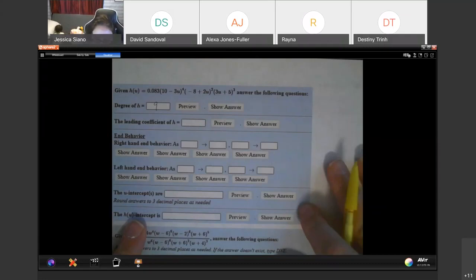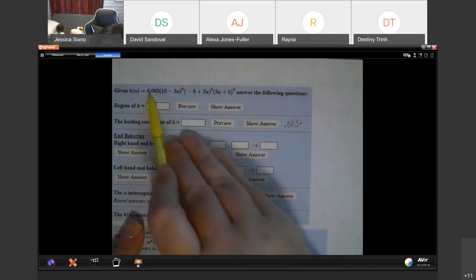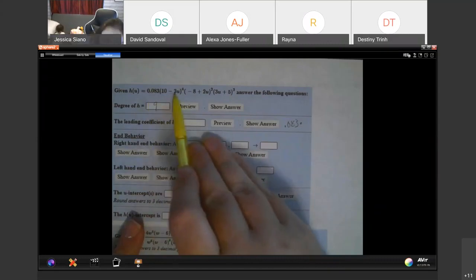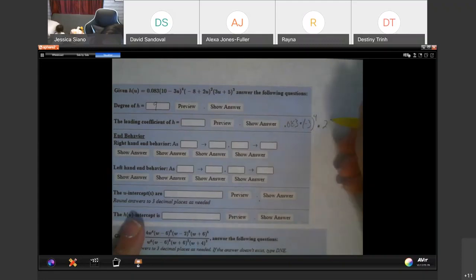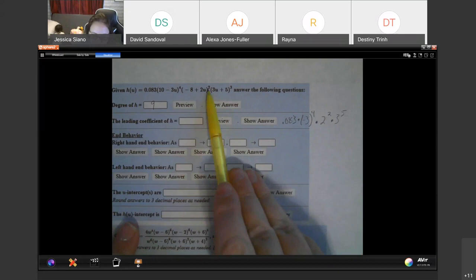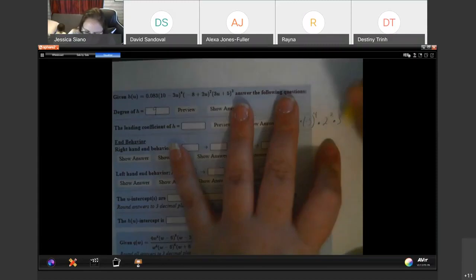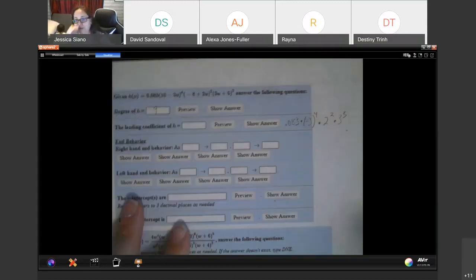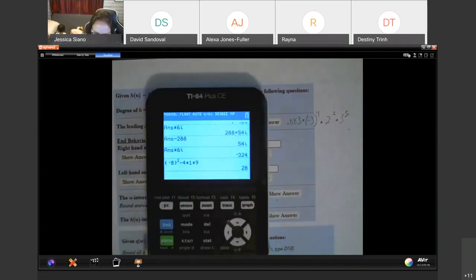Now for the leading coefficient of h, we're going to do the 0.083 that's in front times all of my coefficients with my power. So times -3 to the fourth times 2 to the second times 3 to the third.